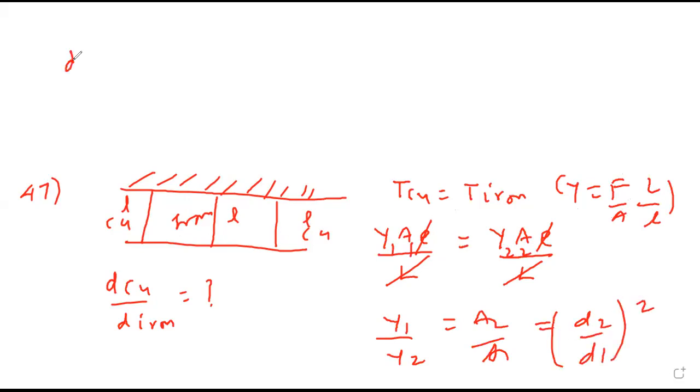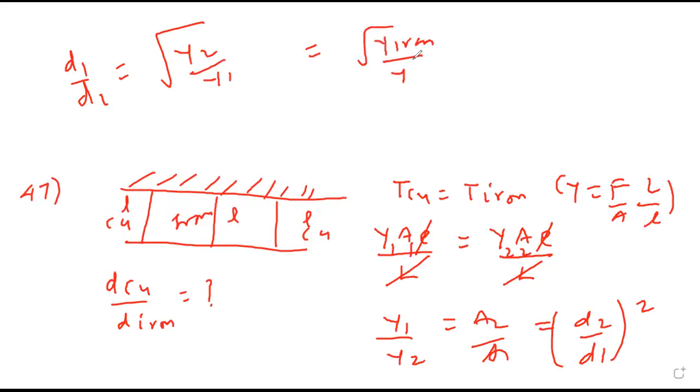So I get D1 upon D2 is root of Y2 by Y1. Y2 is nothing but Y of iron upon Y of copper. Option D. No, sorry, in root we want the B option. Option B.